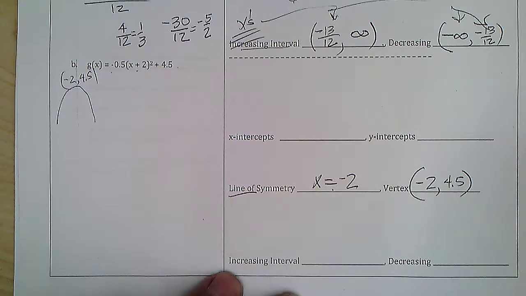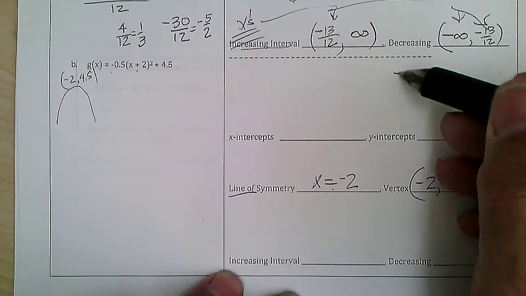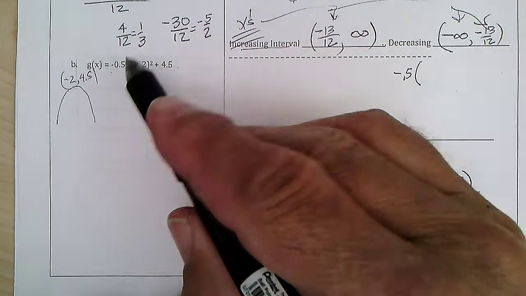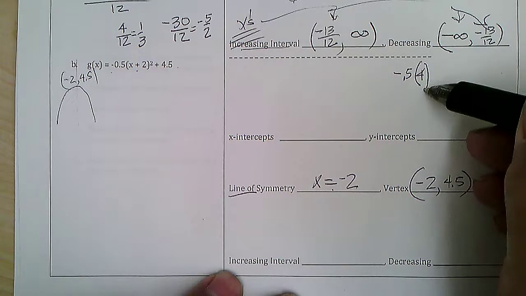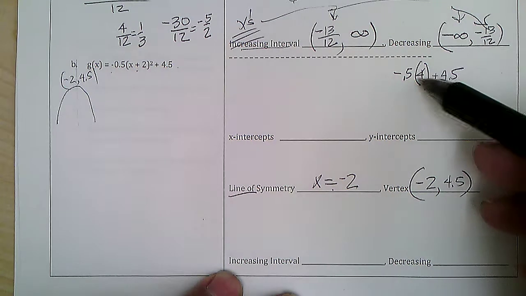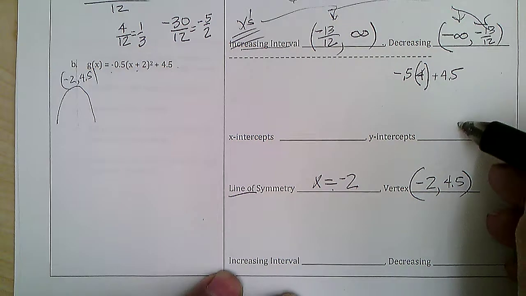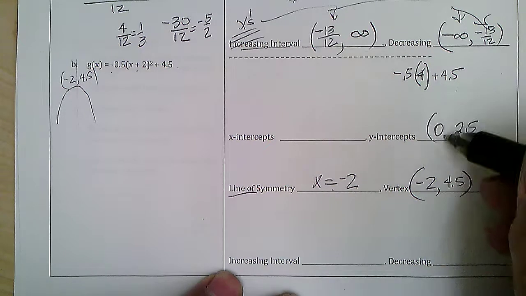And the y-intercept, we just plug in 0. So we get negative 0.5 times 0 plus 2 is 2, squared is 4, plus 4.5. Half of 4 is 2, so we got -2 plus 4.5 is 2.5 when x is 0.